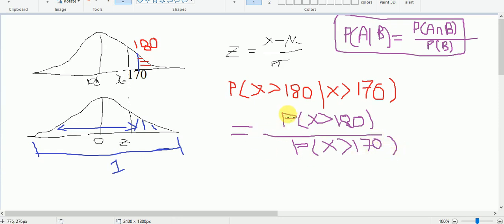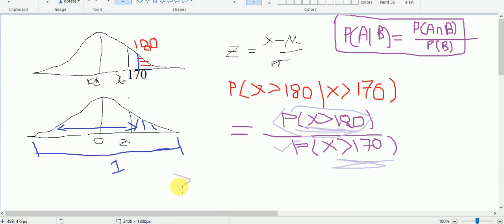So now you just need to find this one, because in the earlier case we already found the probability of 170. This is known to me. You just need to find the probability of x greater than 180. So I leave you with this, because you can easily find it.